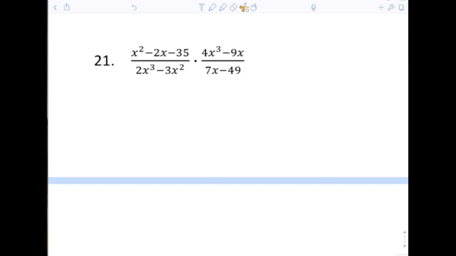Factor, factor, factor. And don't forget, every time you should be saying GCF. Does it have a GCF?